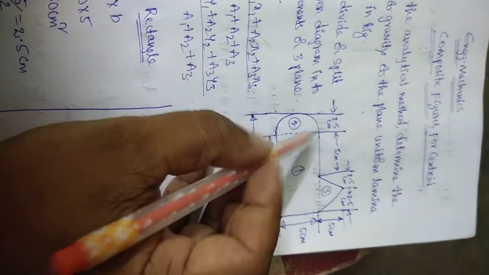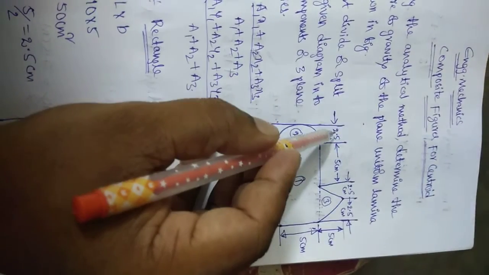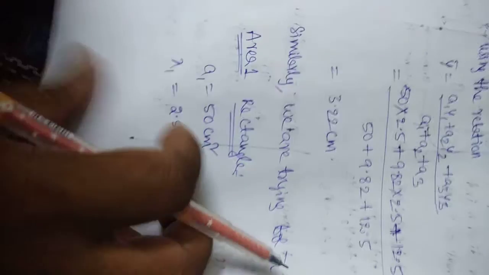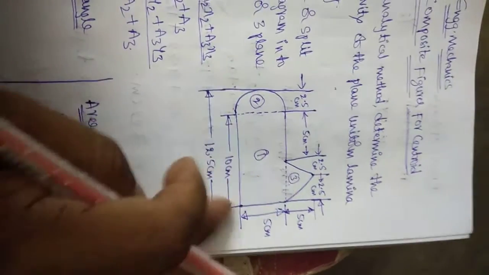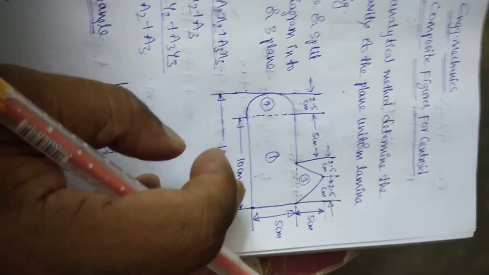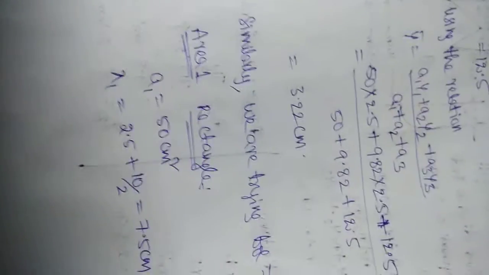As we are taking the rectangle, first we have the value 2.5, plus the rectangle's half length, 10 by 2, which gives 7.5 centimeter.